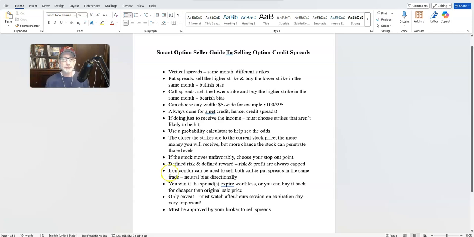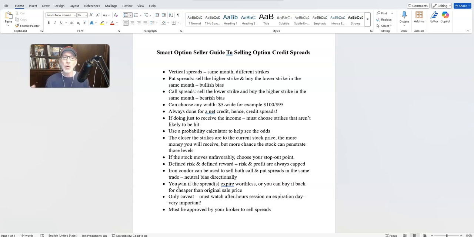All right. So down here, how do you win on the trade? When you sell an option spread, how do you actually win? Well, you win if you hold it all the way to expiration, if the stock doesn't penetrate the short leg of the spread. And we'll discuss that as well. So you can hold it until the end. If the stock doesn't move into either of those strikes, you keep all the credit that you initially sold the spread for.